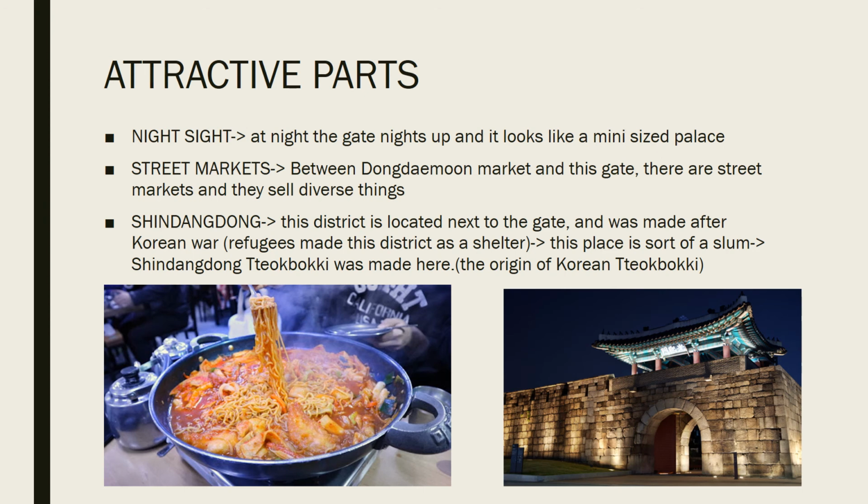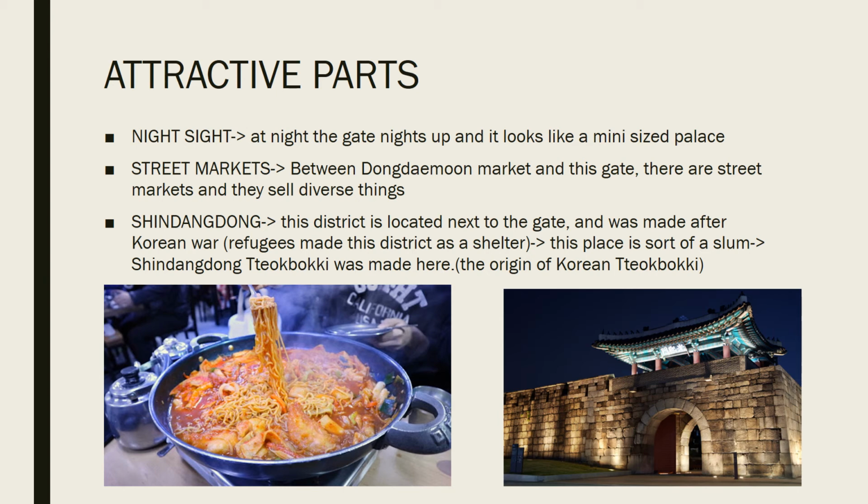But not only sorrowful things, there were also attractive parts of this gate. So first, if you search for this KwangHeeMun gate, you can also see its night view, because the night side of this KwangHeeMun gate is beautiful.